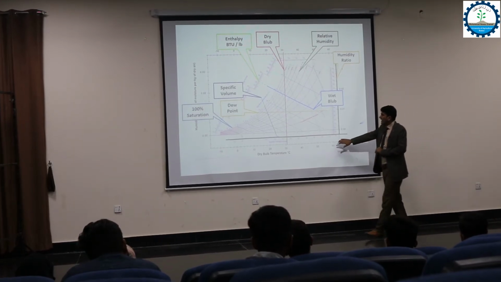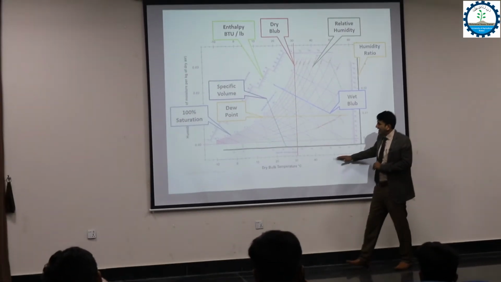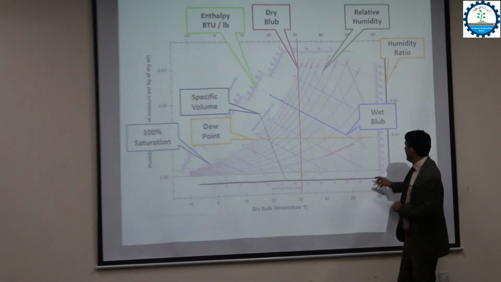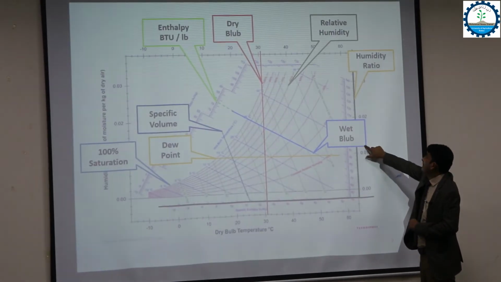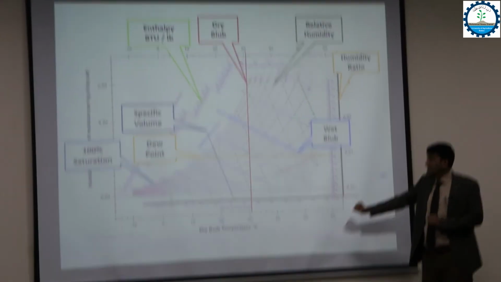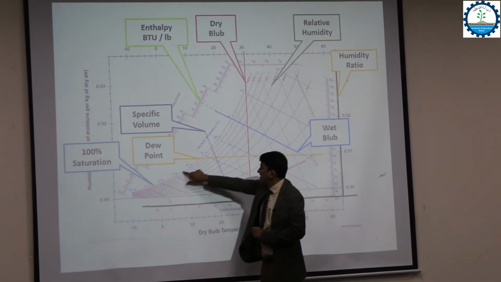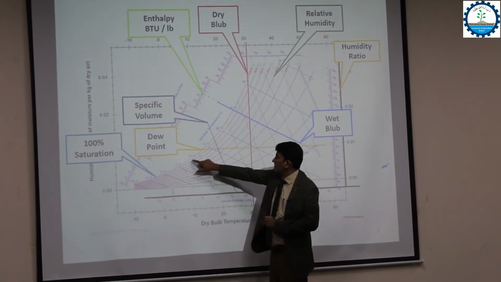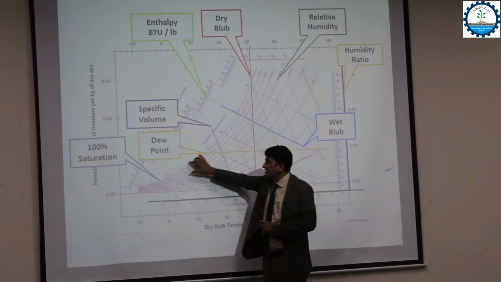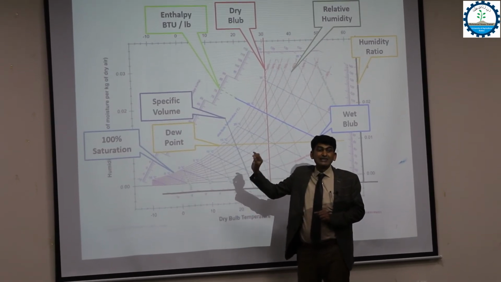So we will start from this. This is the dry bulb temperature, the x-axis, and here is the humidity ratio, which we discussed in the last slide, and the dew point line. The last line here mentioned is the temperatures. This line is actually the dew point line, the 100% saturation curve.